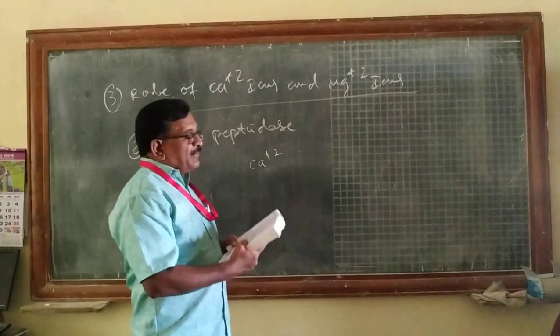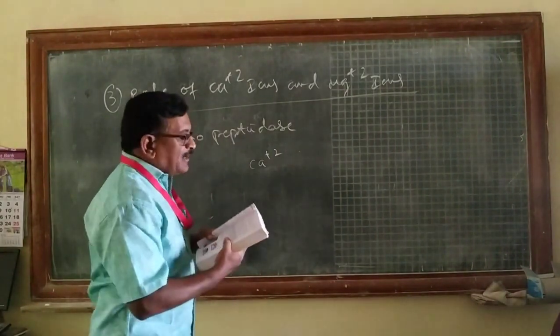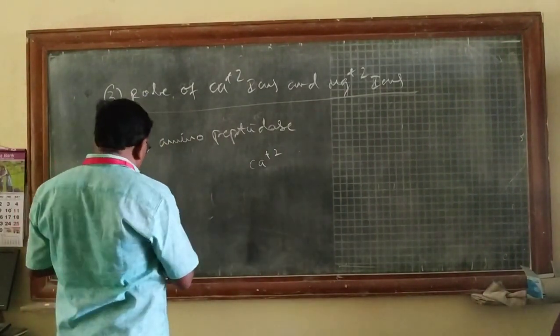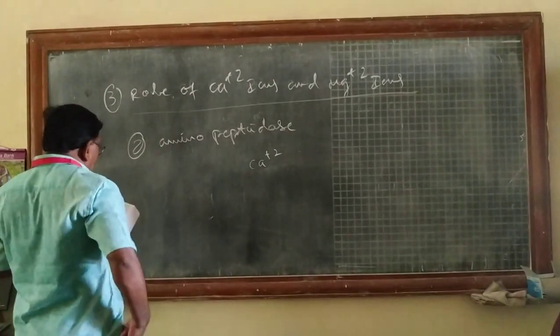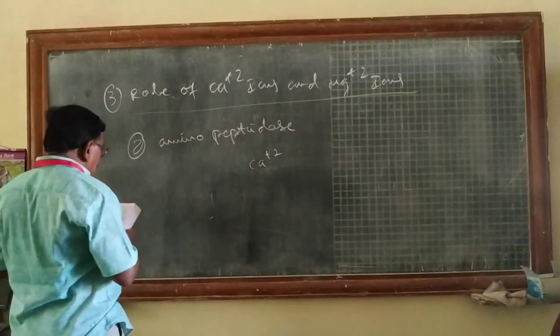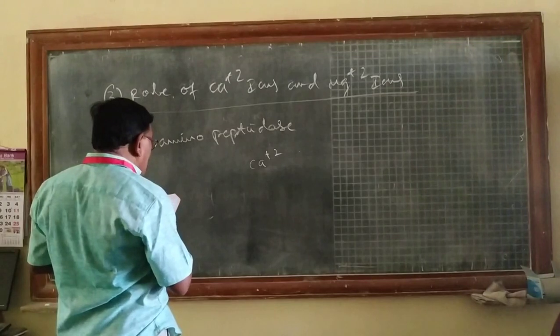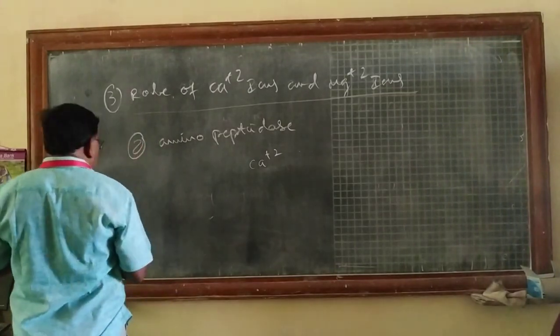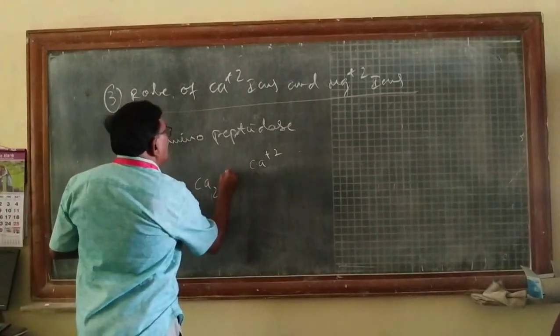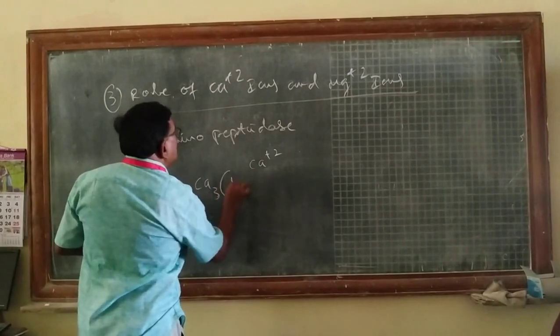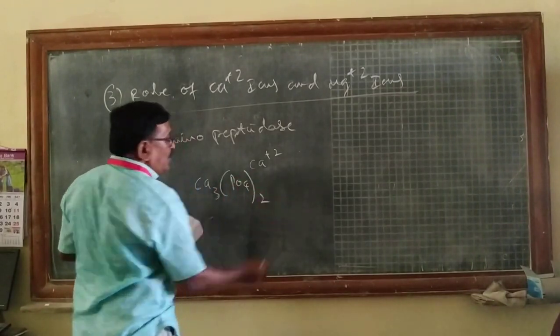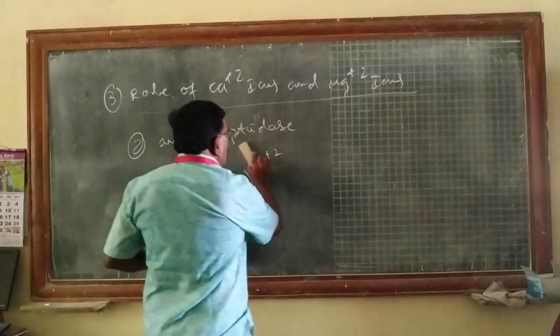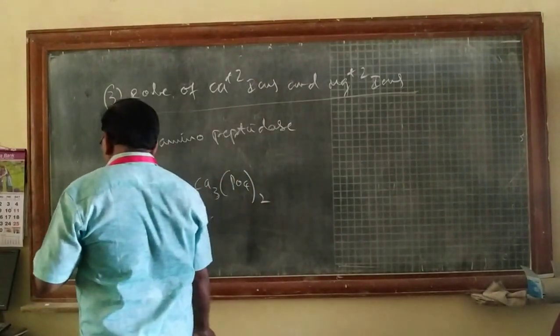The strengthening of muscles and bones is also important. About 99% of the body's calcium is in the skeleton, where it is maintained as deposits of calcium phosphate, Ca3(PO4)2.